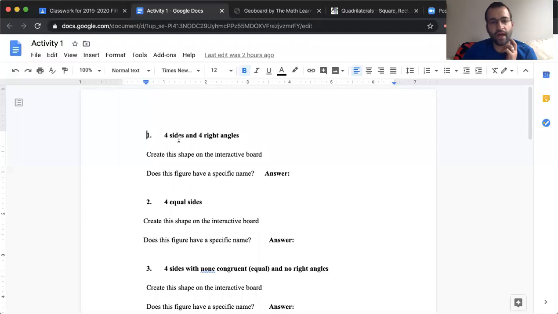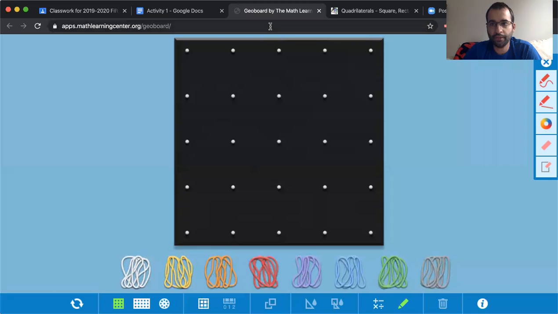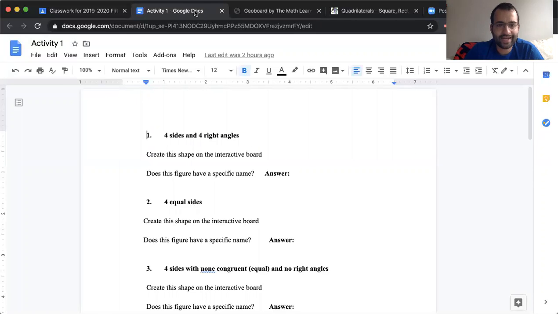So this says I want 4 sides and 4 right angles and create on my interactive board. So you're going to go to your board, 4 sides and 4 right angles. Now I just did that, but let me do a different shape that has those qualities. So let's do orange. So I'm going to do one that goes down here. And let me go back and let me read it again. 4 sides and 4 right angles.